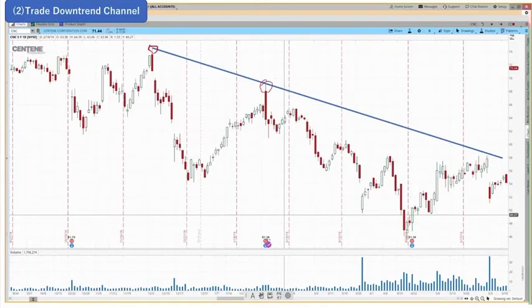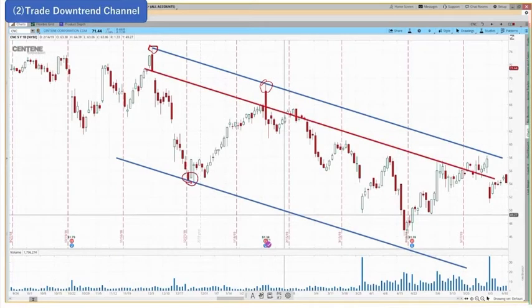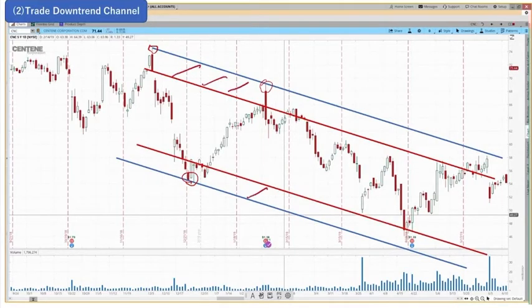We connect them together and get this line. And then we make a copy of this line and get the lower line this way. And here is a support level. And then we draw the resistance zone and the support zone the same way. Okay, here is the resistance zone and here is the support zone.